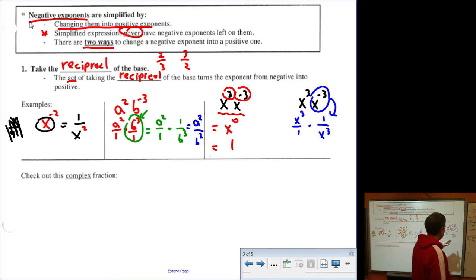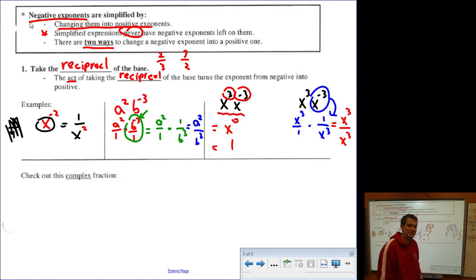And then when I multiply these together, I get x to the third times 1 is x to the third. And 1 times x to the third is x to the third over x to the third. And when you divide something by itself, what does that equal? It equals 1. Same answer. All right.